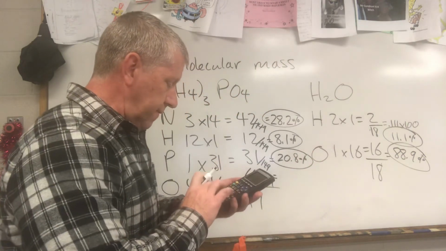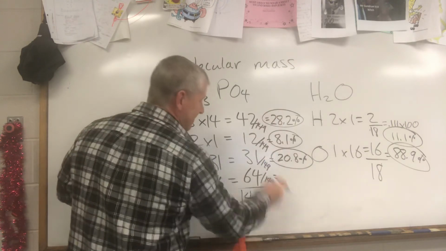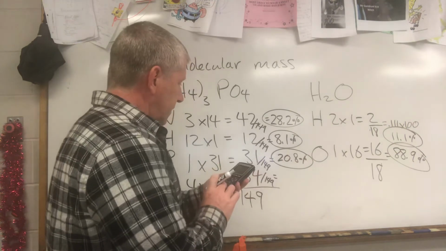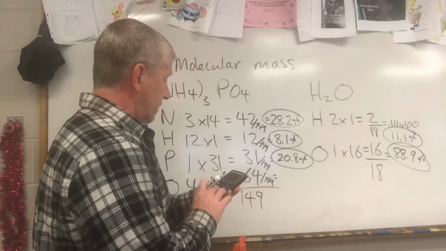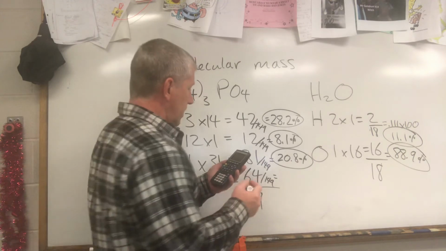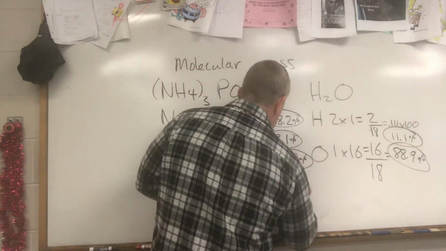And then last, 64. Of course, right now we could take 100 and subtract these and get that value. It's probably just easier and faster to do it though. 64 divided by 149, and we get 42.95. So I'm going to make that 43%.